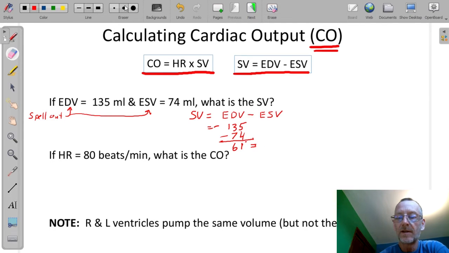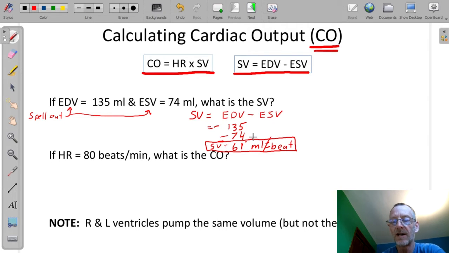Mils per beat. So it's important that you keep the units straight. And that is stroke volume. A little bit messy, but you get the idea.